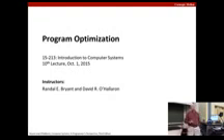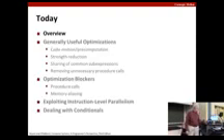Given that I know what algorithm I'm using and I've perhaps gotten a program that runs, how can I make it run faster? One of the themes is you can do this in layers.